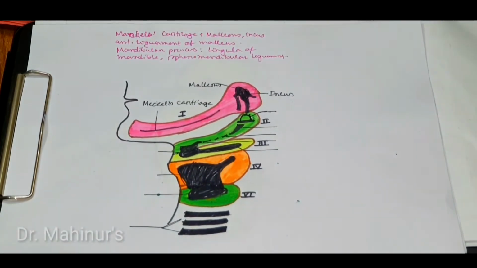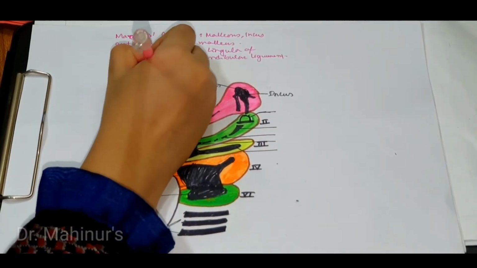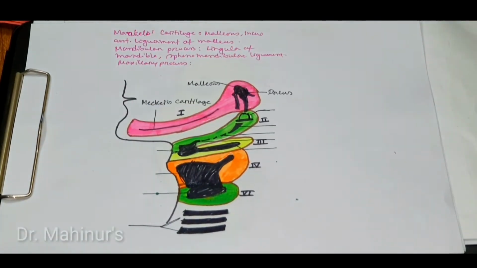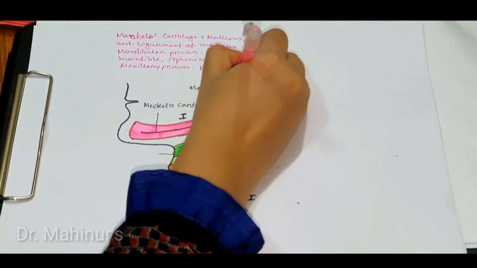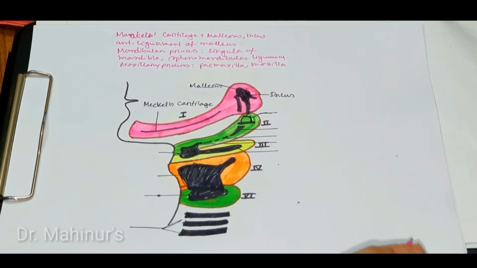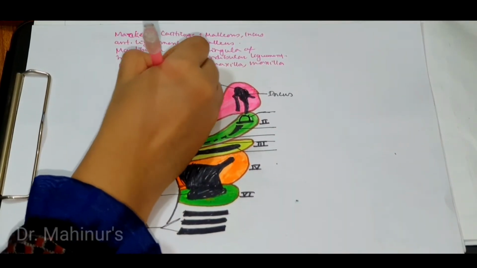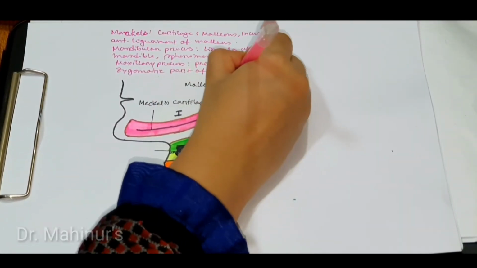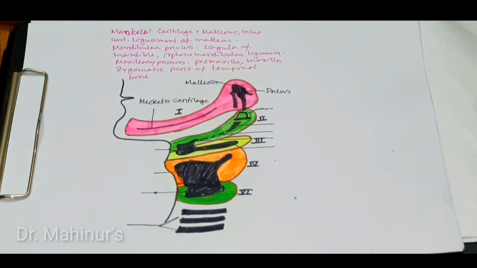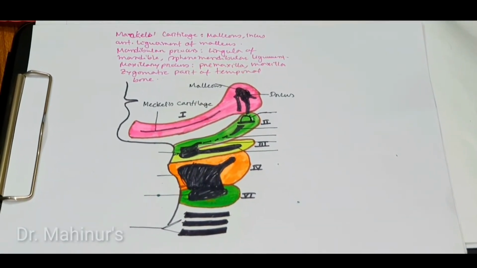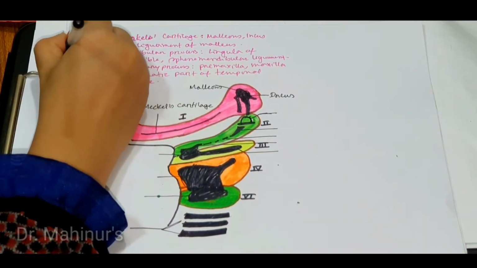Now, from the maxillary process: premaxilla, maxilla, zygomatic part of temporal bone. These are the cartilages derived from the first arch.